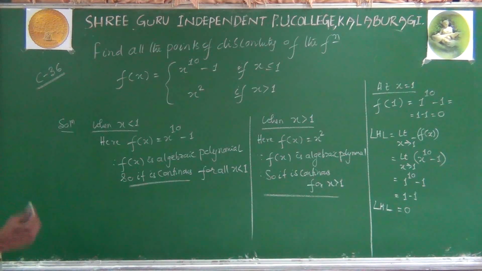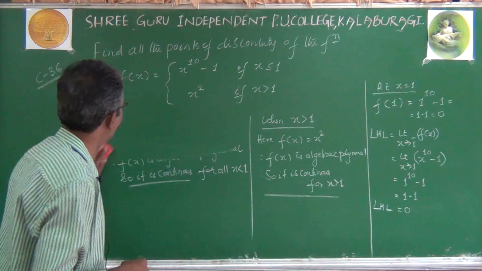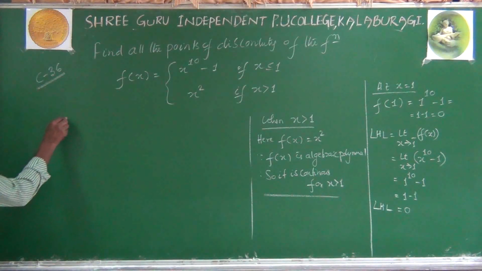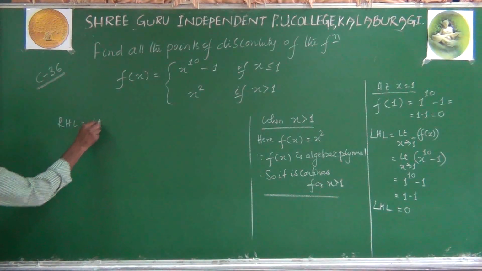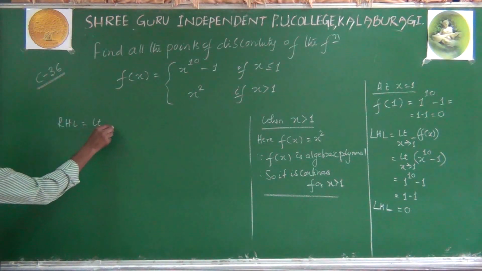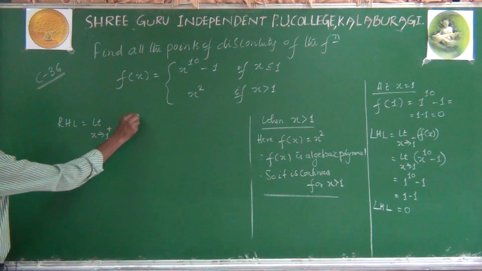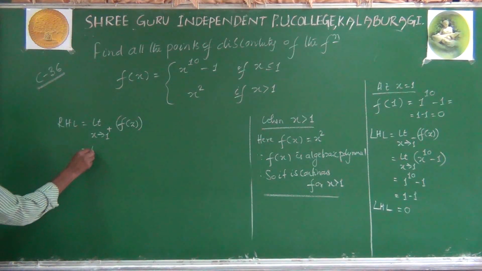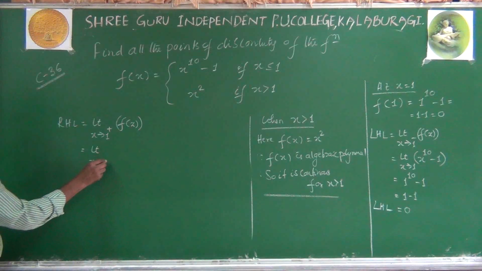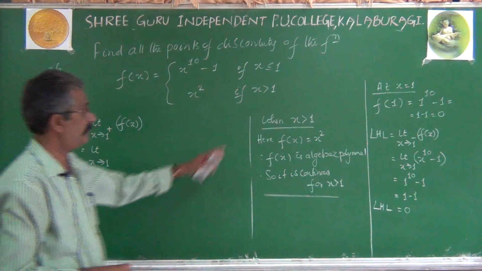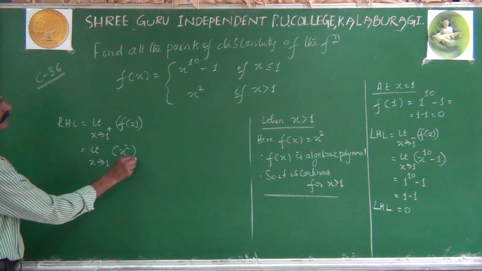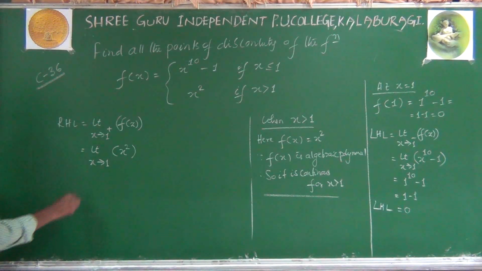Now we also find the right hand limit. Right hand limit, RHL, equals limit x tending to 1 plus of f of x. 1 plus means more than 1. When x is more than 1, the function value is x square. Replace x by 1, 1 square, that is 1.